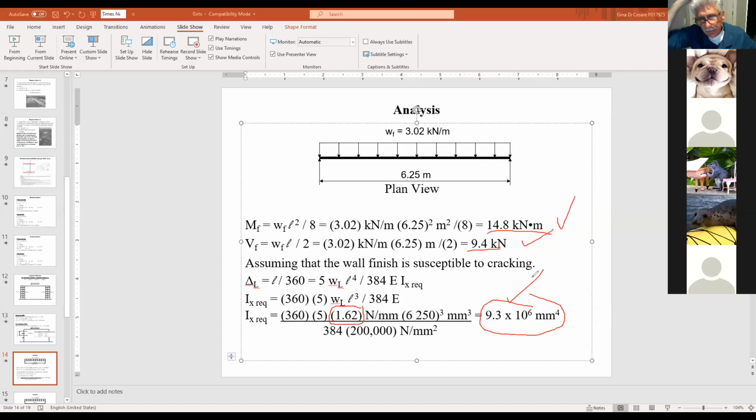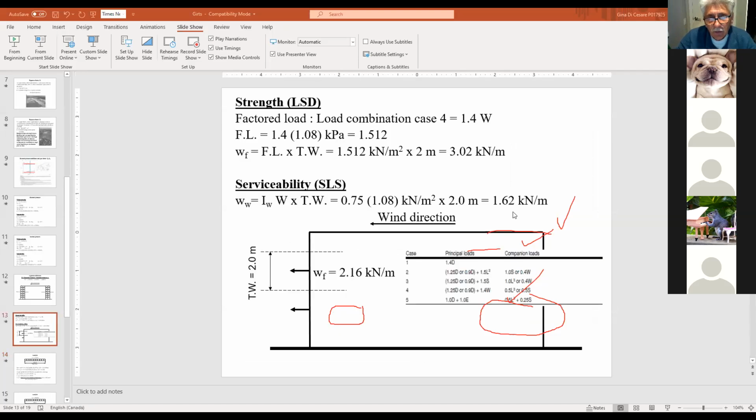Great. Where'd you get 1.62? Oh, that's where we got that from the previous, from here for serviceability, 1.62. Perfect, thank you. I know that one was correct because the only thing I changed was the 0.75.